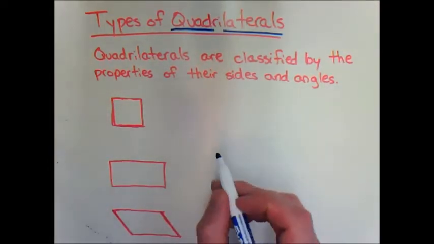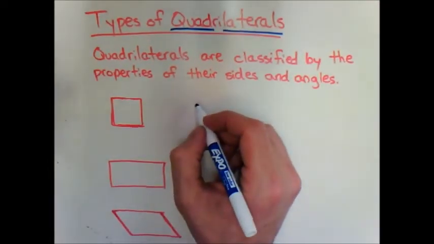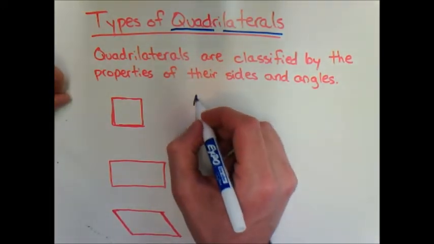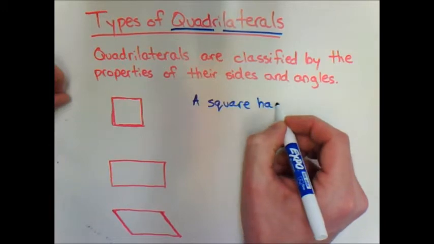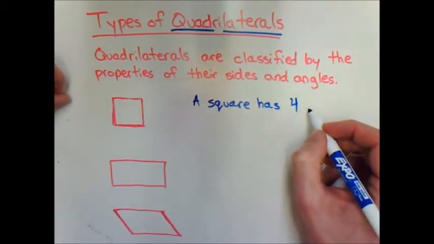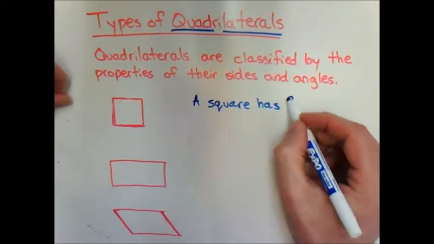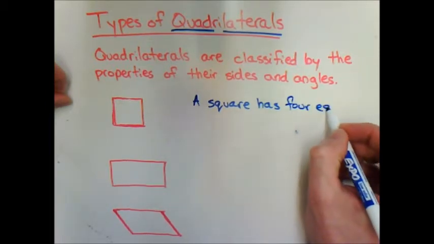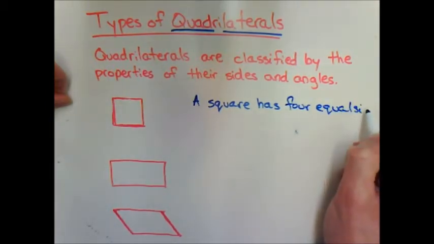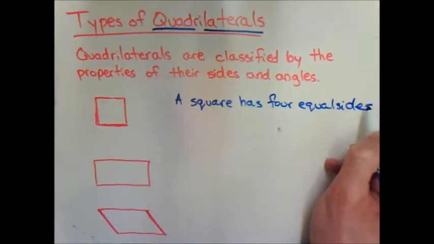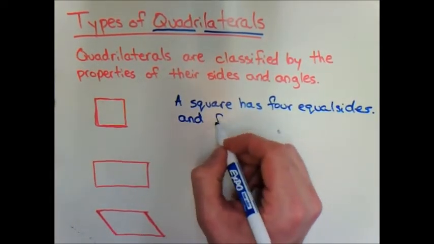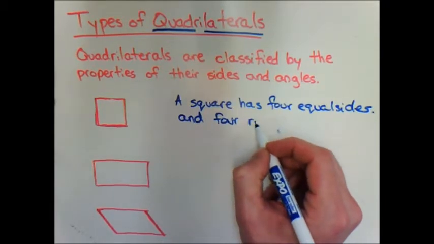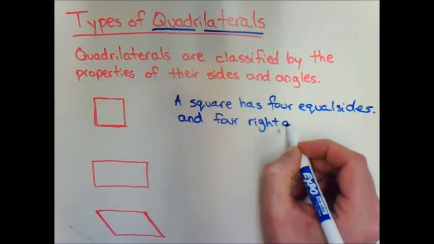Well, what can we say about the angles in a square? A square has 4 equal sides and 4 right angles.